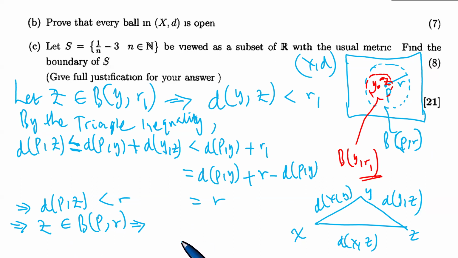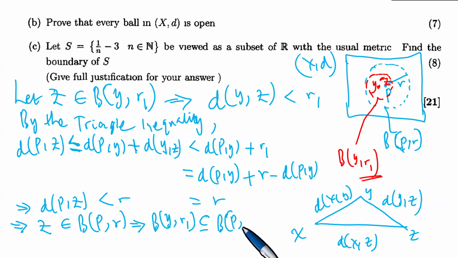What is this? Okay, we are still looking and we are reasoning. But this means that the open ball center Y radius R1 is less or equal to the open ball center P radius R, as a subset.